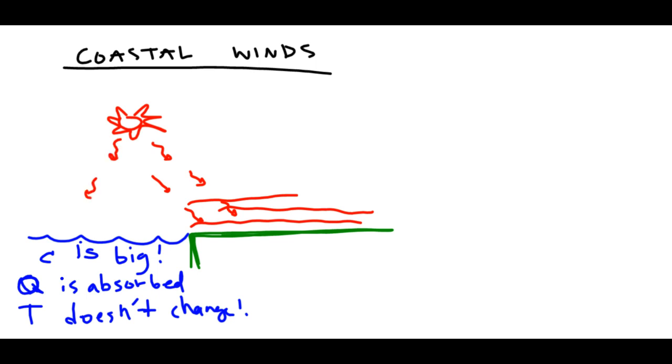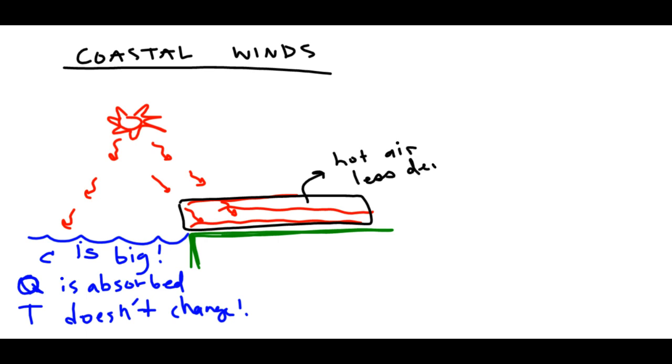On the other hand, by the ocean, those rays get absorbed, and you might be thinking, isn't heat produced over the ocean because of the absorption? No, that's not right. There's no heat produced because, as we just said, of the high specific heat capacity of water. And this means now we have less dense air, this hot air is less dense.